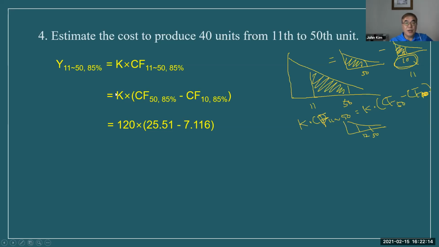So 120 K times 25.51, cumulative factor 50, minus 7.116, cumulative factor 10. So 25.51 minus 7.116 equals 18.394, and 120 times that equals 2207.28.